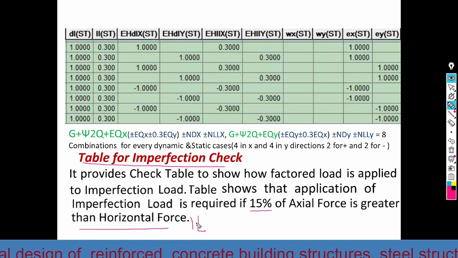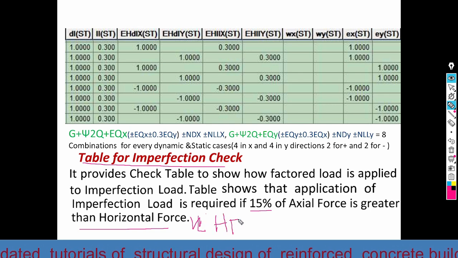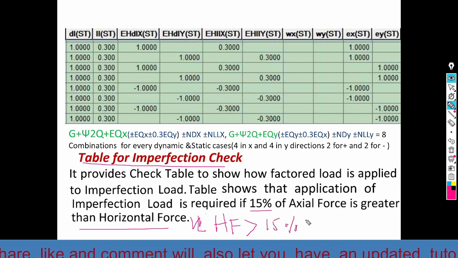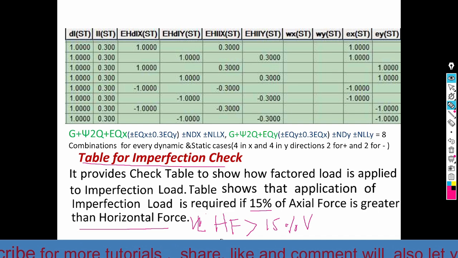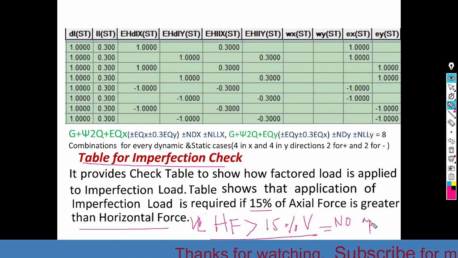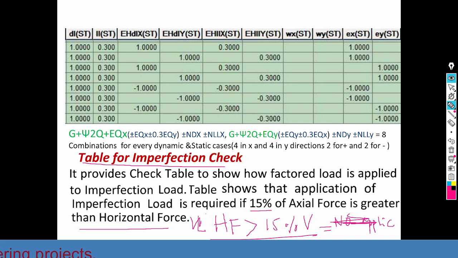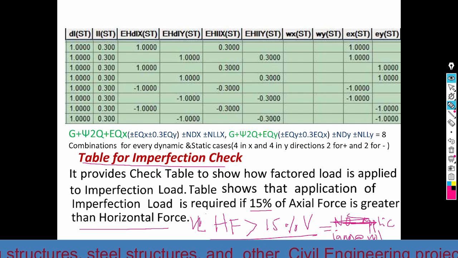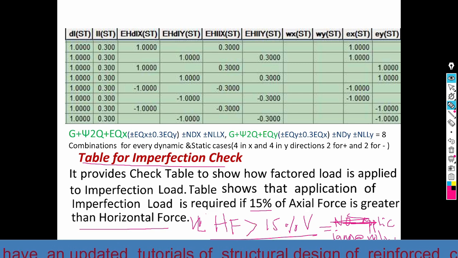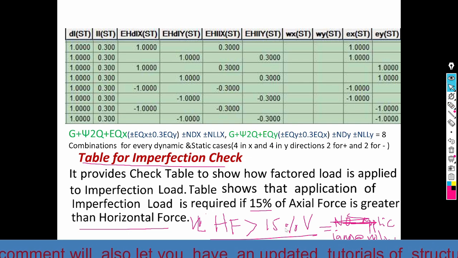That means if the horizontal force is greater than 50% of the vertical force, then in this case there is no application of notional load. So just ignore the notional load. And if the horizontal force is less than 50% of the vertical force, the notional load will be considered.